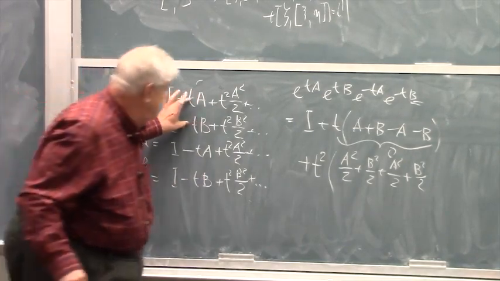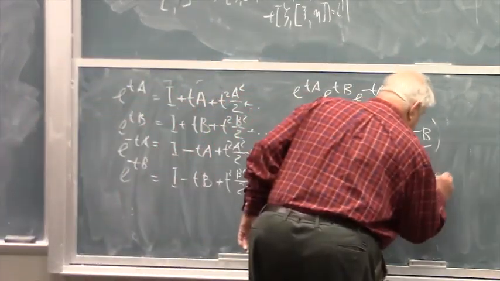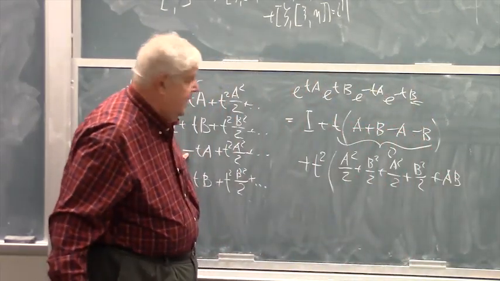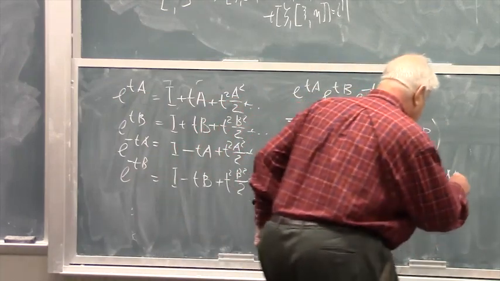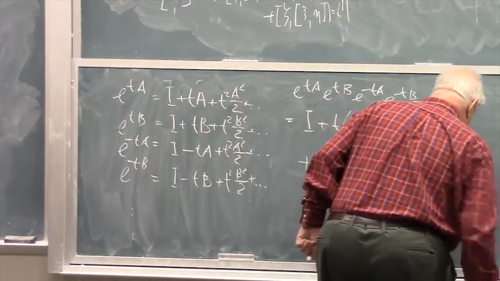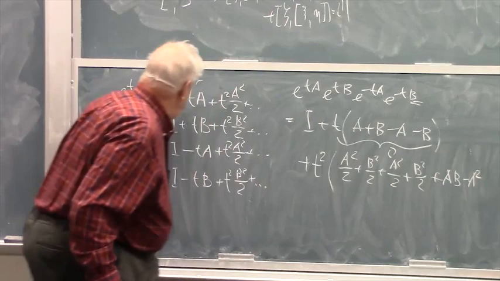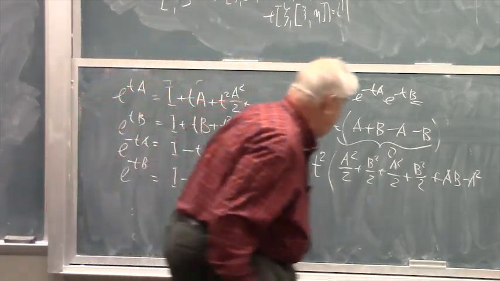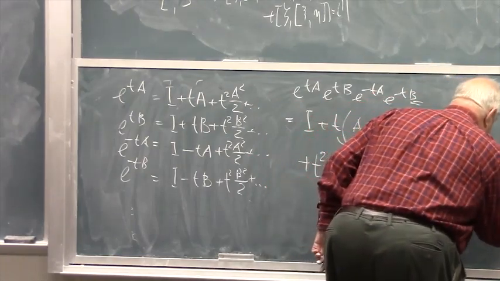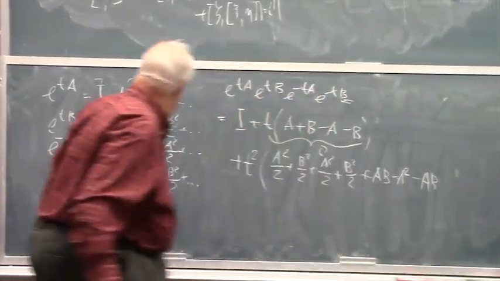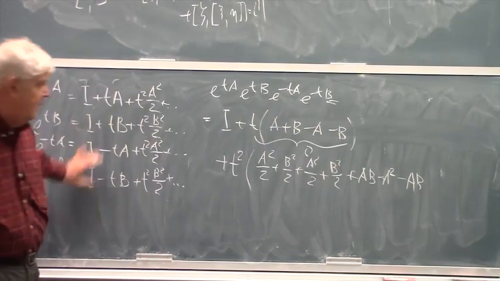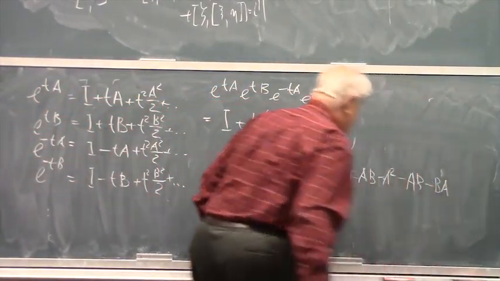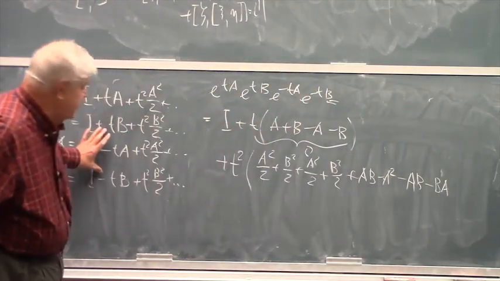This times this plus AB. This times this minus A squared. Then this times this minus AB. Next, these two minus BA. Then these two minus B squared.